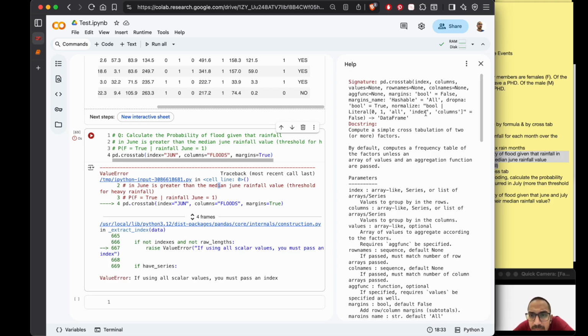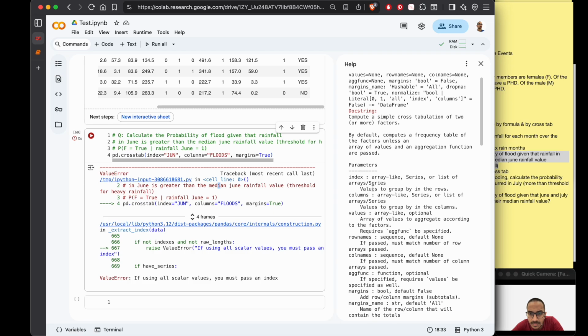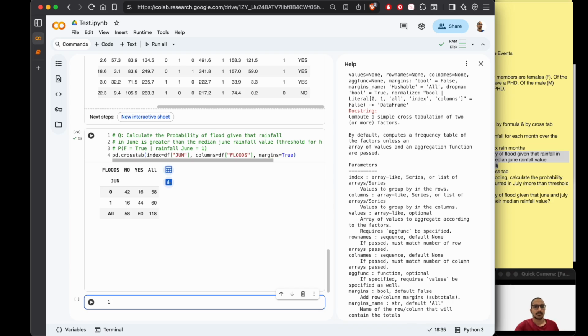Wait, margins. Wait, pd.crosstab. Oh no, wait. What is happening? I have to set indexes as series. Okay, there it is.